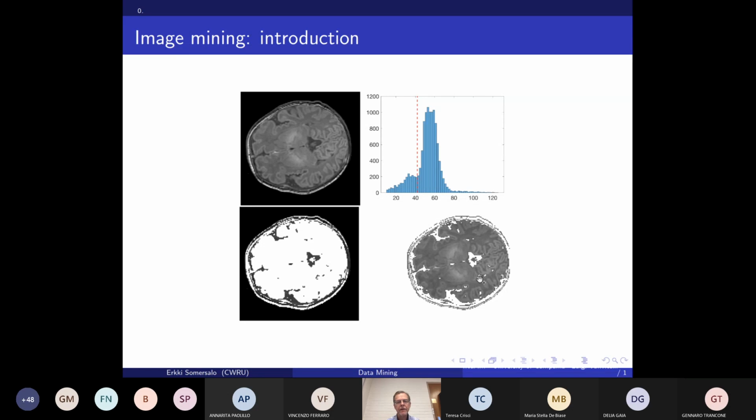The higher value is the one on the right, and it seems that it's pretty much separating, let's say, the white matter, and a little bit of the gray matter too. But it's not really clear what I'm looking at. So I get some sort of primitive separation of the image into two groups.